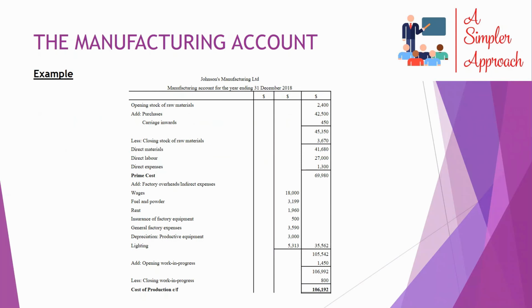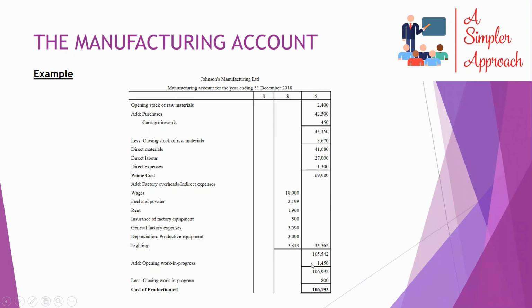So when you have placed the figures in their place, add everything together and you would get this figure right here, 35,562. You add this figure, 35,562, to your prime cost, which gives you 105,542.